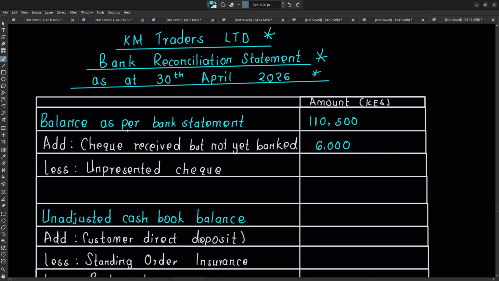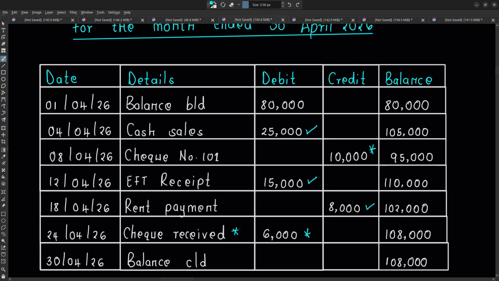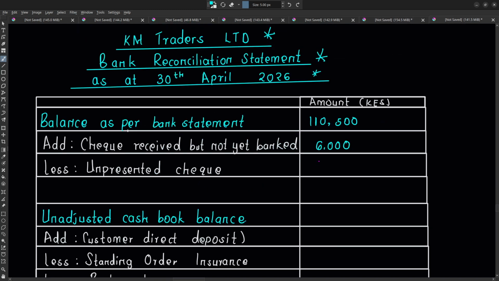It is because an unpresented check is a payment out. It is a credit to us because when this person goes and presents this check to the bank, it is going to remove money from our bank. So we are going to have a less of 10,000.